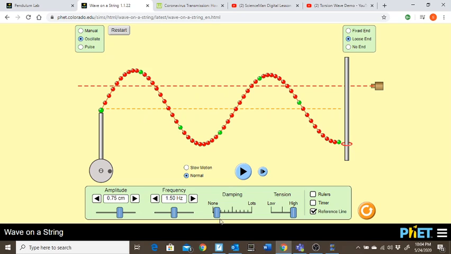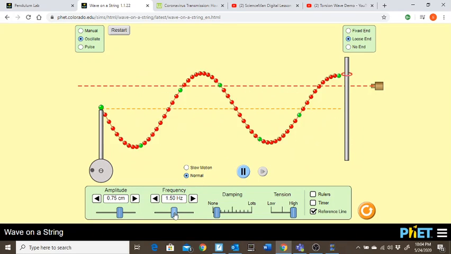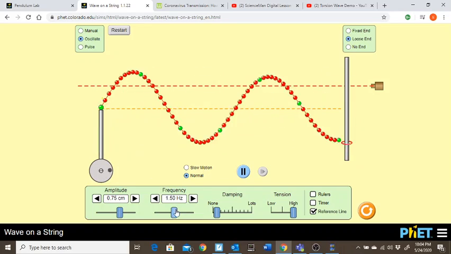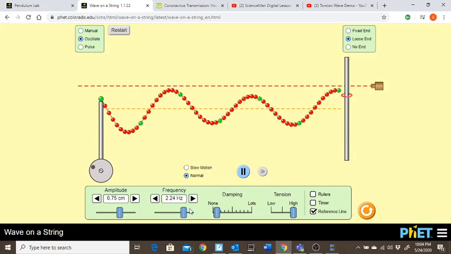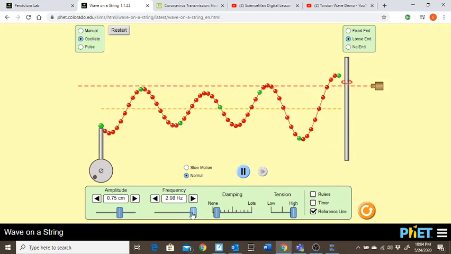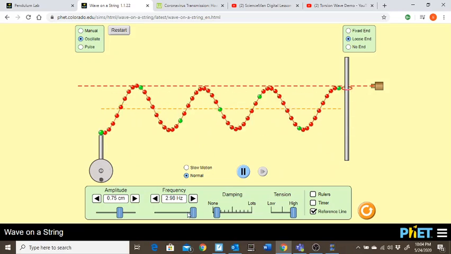If we come back to here, let's get this going again. Let's take a look at what happens to our wave if we increase the frequency. So I'm going to pull this up. What's changed? Has the amplitude changed?